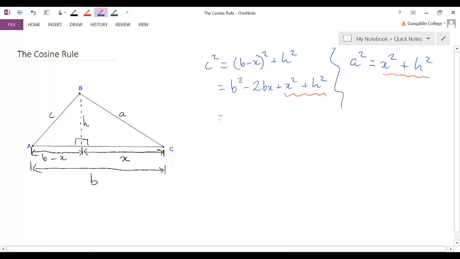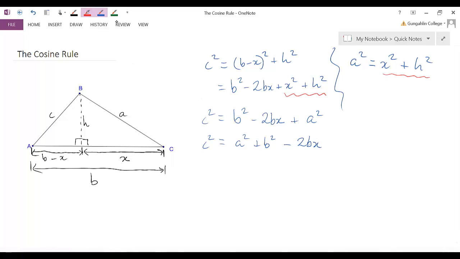So here I'm just going to go that C squared equals B squared minus 2bx plus A squared in place of that X squared plus H squared. Now I'm going to rearrange this just to be a little bit nicer.